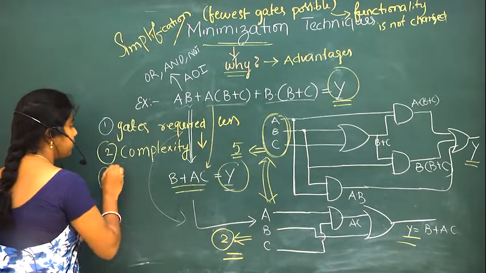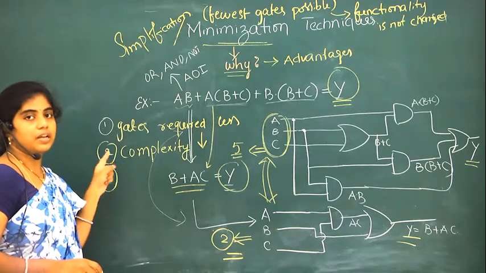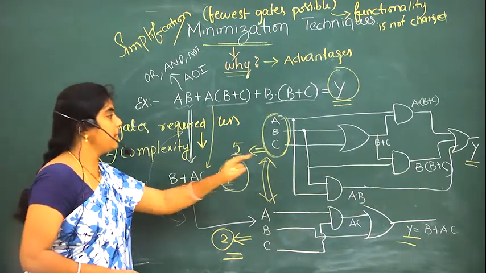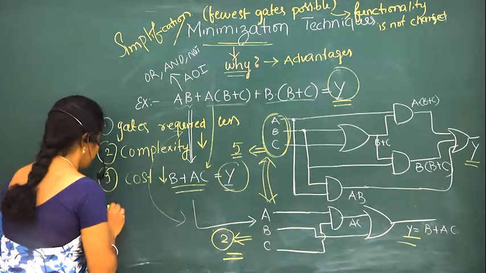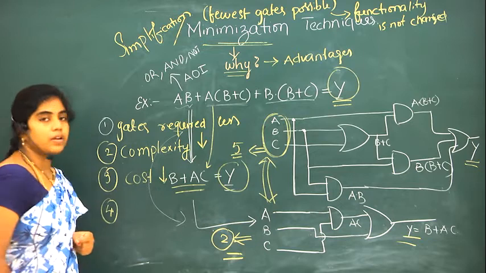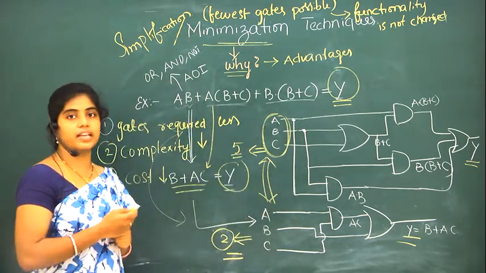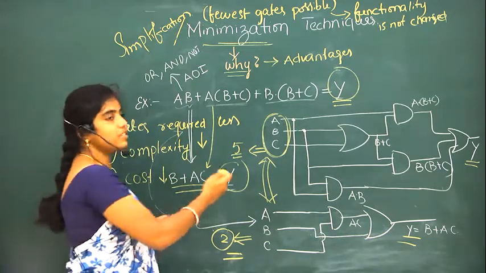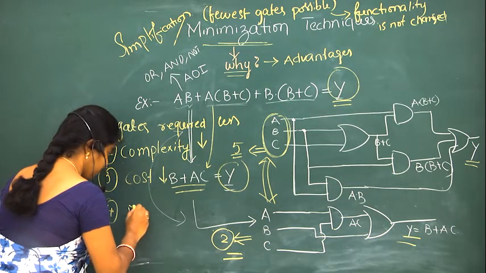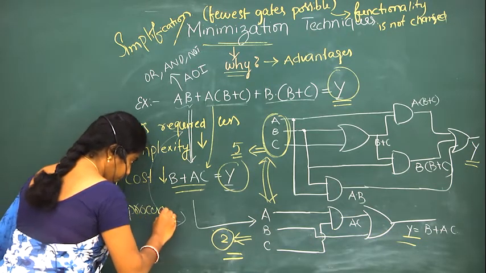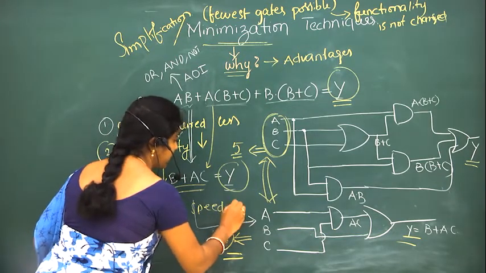And the third one, if the gates are reduced, then the cost involved in the logic implementation is also reduced. So cost also gets reduced. And the fourth one is, when you reduce the gates, the delay occurring in the gates is also reduced. So the processing speed got increased.